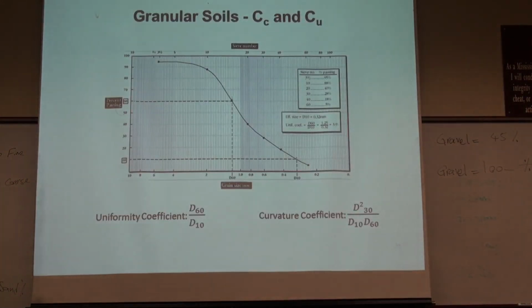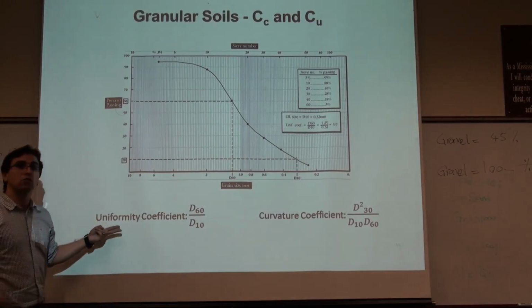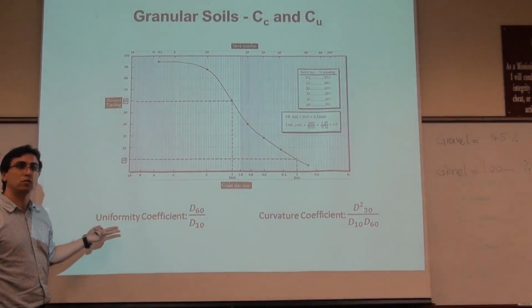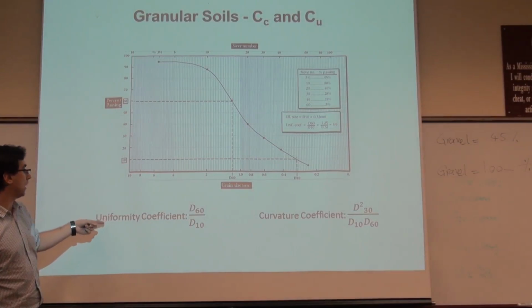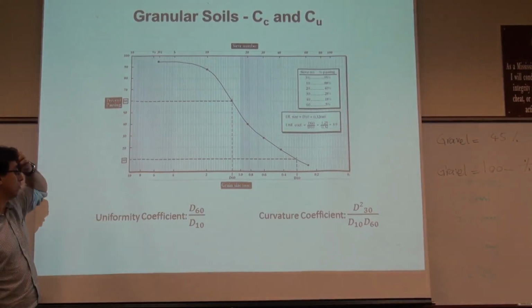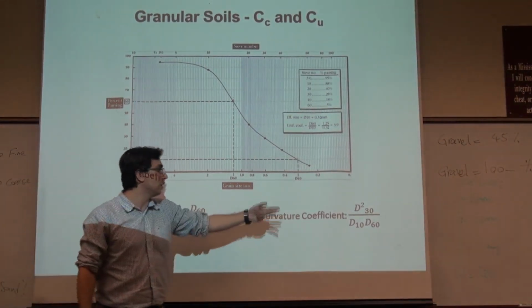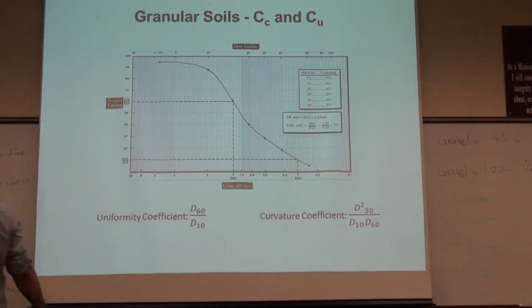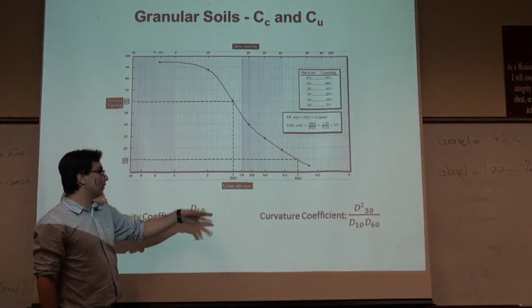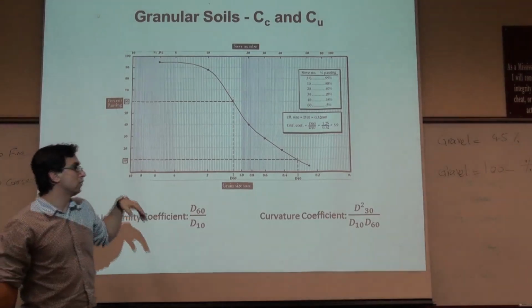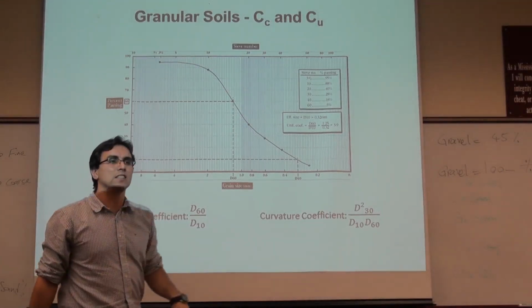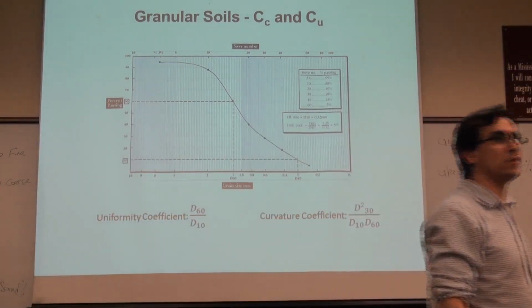We said that we need to calculate two coefficients to characterize the coarse grain part of our soil: C sub U, the uniformity coefficient, and C sub C, the curvature coefficient. It's D60 divided by D10, and D30 squared over D10 times D60. When we say D10, what does it mean?